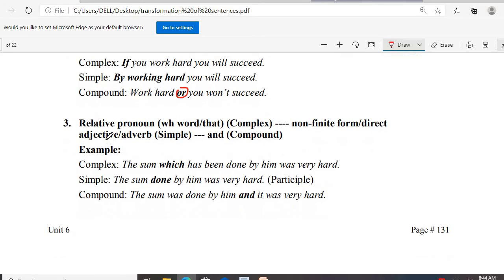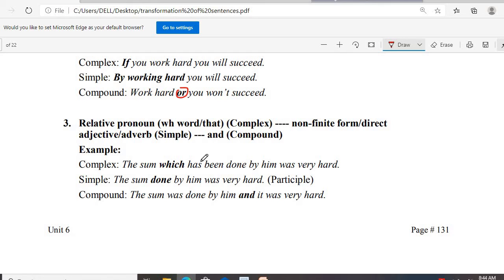Okay, now let's see number 3, relative pronoun. Relative pronoun means WH word that makes a complex sentence. To make it simple, you will have to use non-finite form of verb or direct adjective or adverb to make a complex sentence having relative pronoun into a simple sentence.